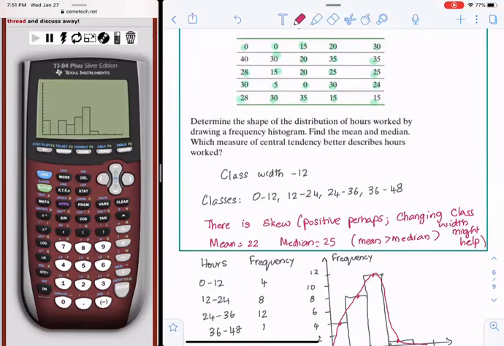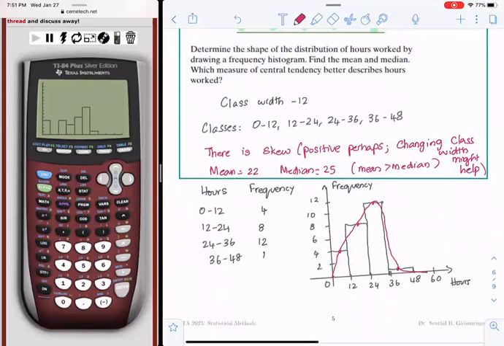It seems like that 40 is pulling the data in one direction, which is why I said positive, perhaps. Again, this is very subjective and you need a lot of data points to be very conclusive. So that's that.